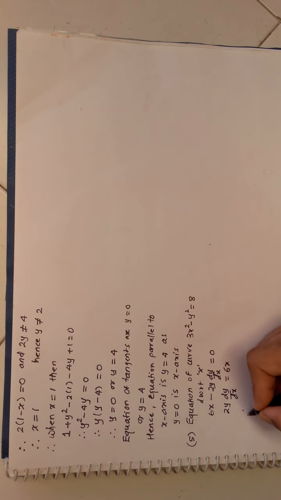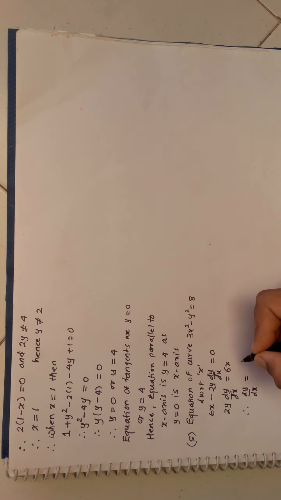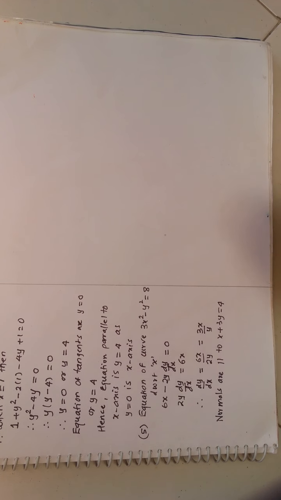So your dy by dx is going to become 6x upon 2y, which is nothing but 3x by y.